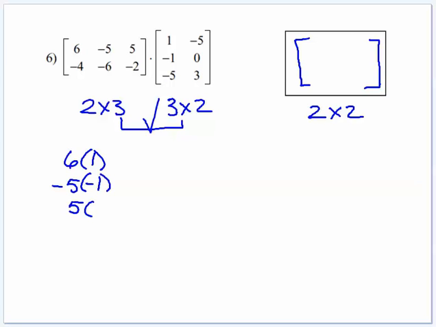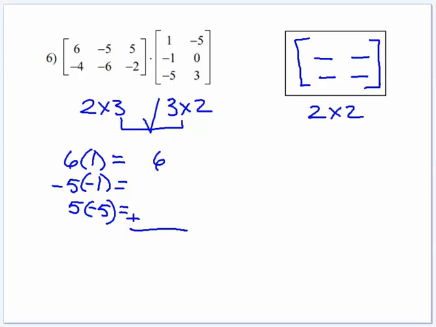And 5 goes with negative 5. We're going to multiply all three, then add them together to get our first number that goes in this 2 by 2, because we're taking the first row with the first column. Row 1, column 2, row 2, column 1, row 2, column 2. Here we go.